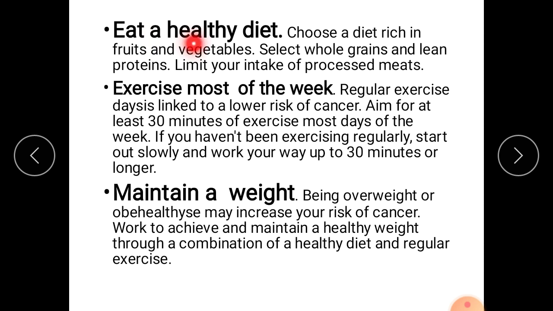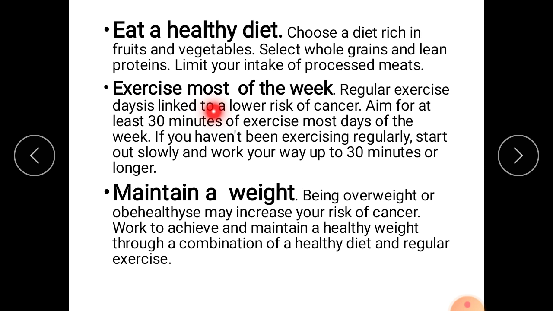Then eat a healthy diet. Choose a diet rich in fruits and vegetables. Select whole grains and lean proteins. Limit your intake of processed meats. So our food should be healthy, and you should eat vegetables and fruits.